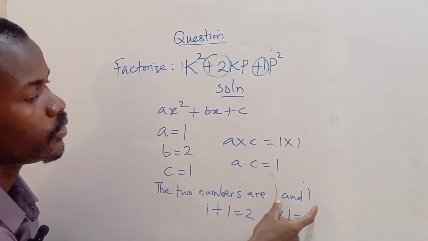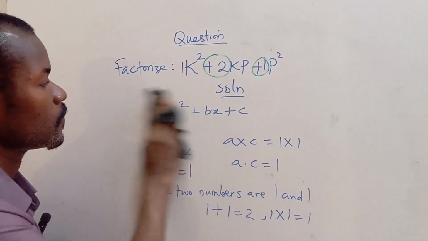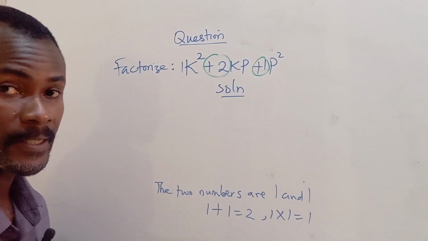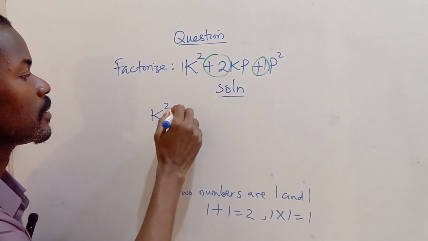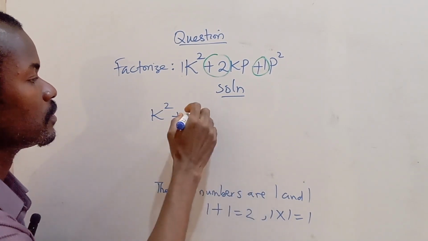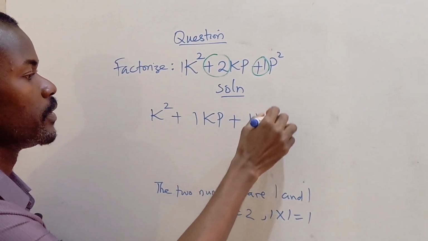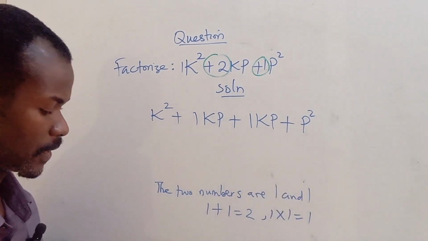Now we're going to substitute this in this expression. So our new expression is going to be k squared plus 1kp plus 1kp plus p squared.